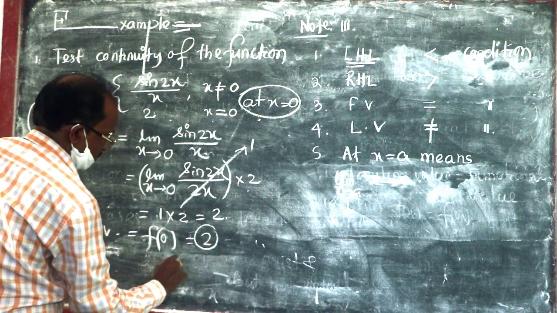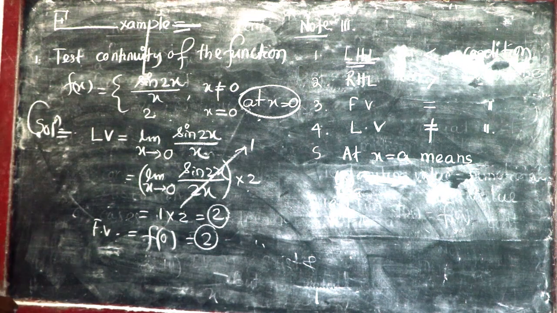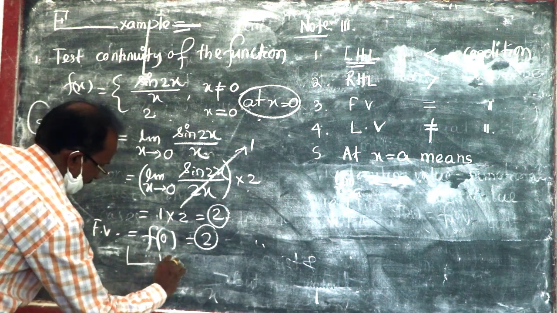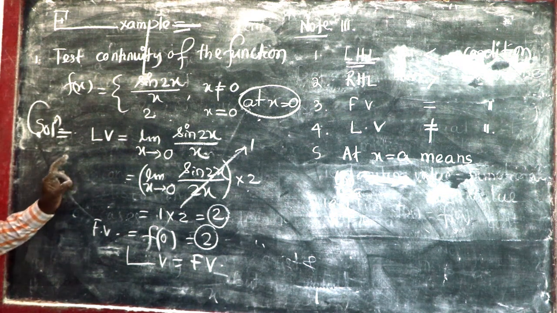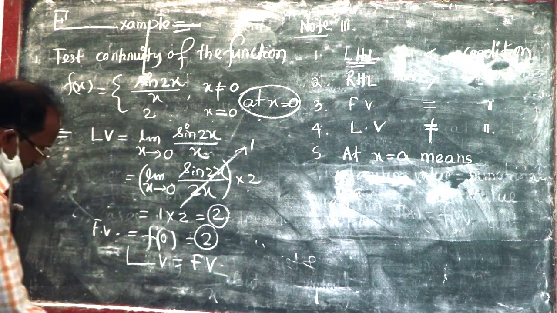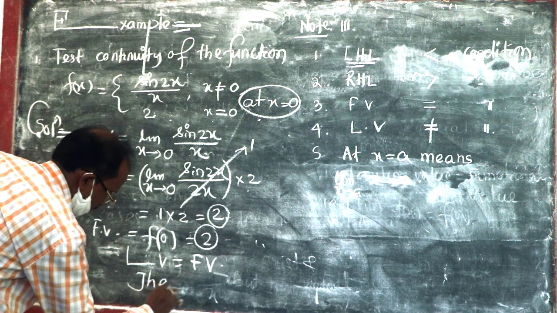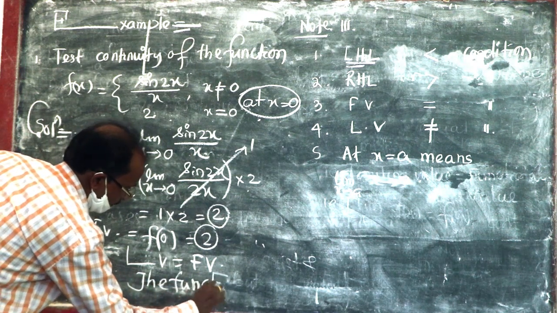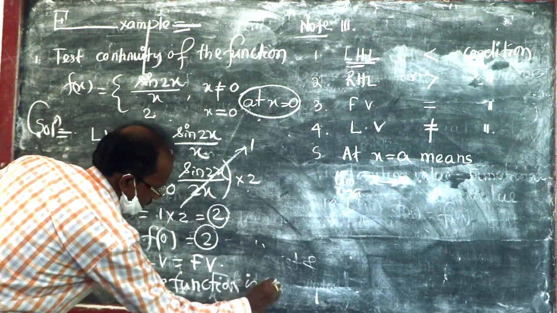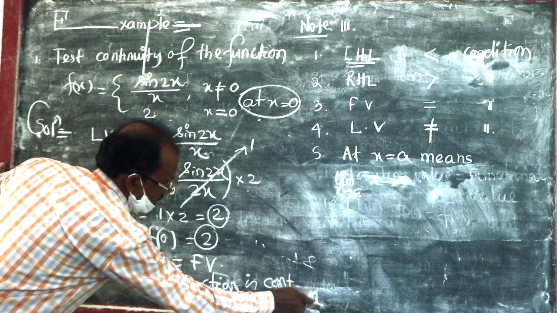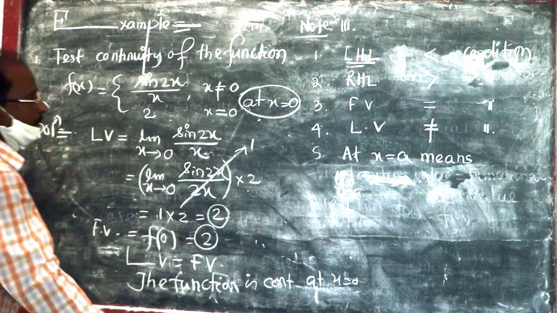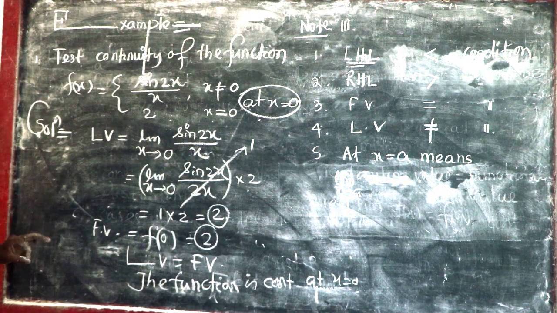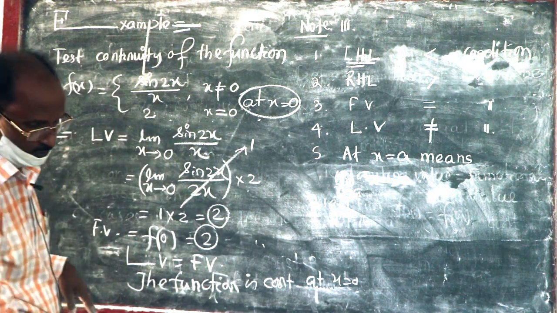So the functional value is equal to 2 and the limiting value is equal to 2. Since the limiting value is equal to the functional value, therefore the function is continuous at x is equal to 0.